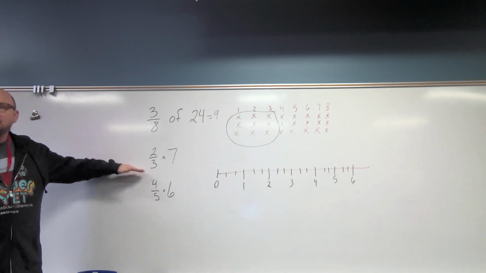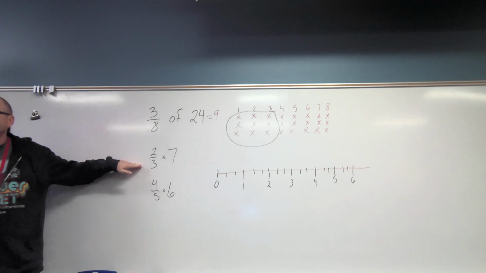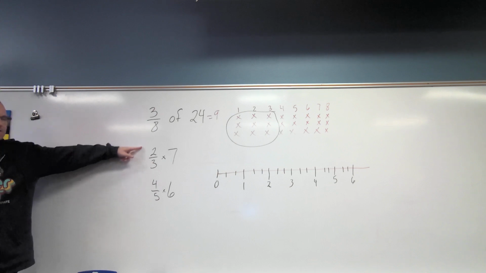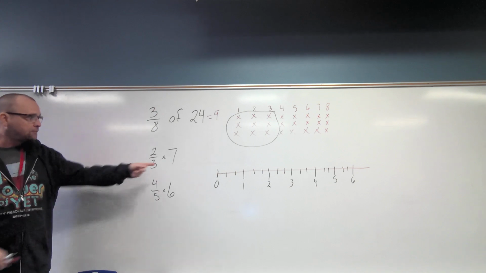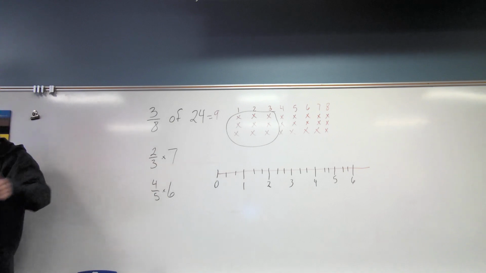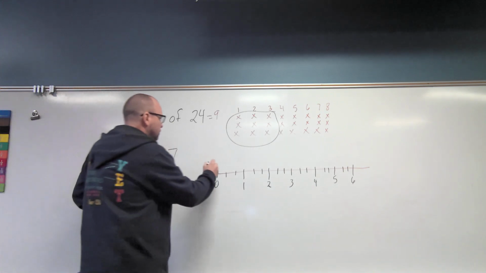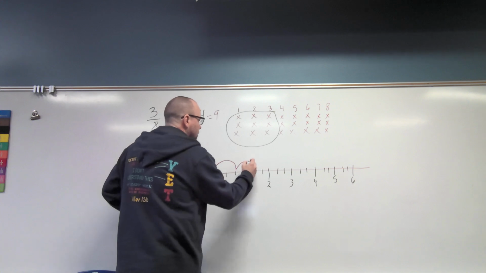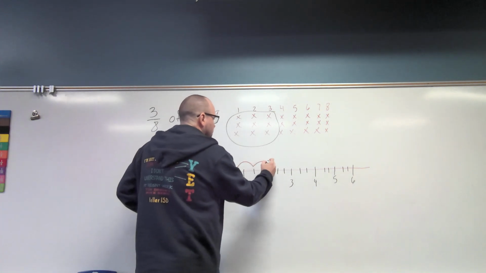Good. My denominator, I'm dividing my number line up into thirds, because that's what I'm going to count by. I'm counting by thirds because my fraction is 2/3. And I have to count by thirds 7 times. So I could go from 0, 2/3, 1 and 1/3, 2.